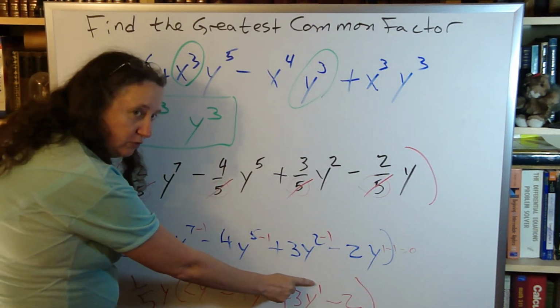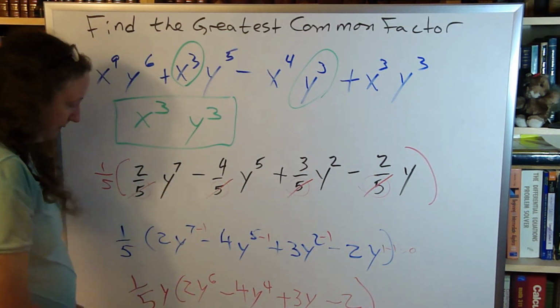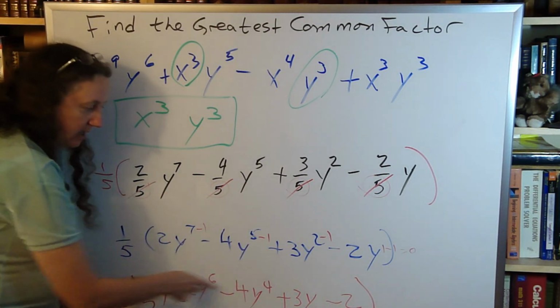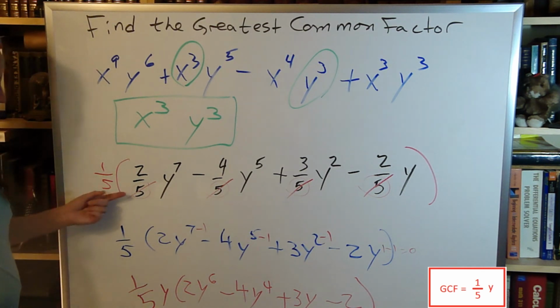And typically we do not write the exponent 1 there, so I don't need to include that. So this in red at the bottom, that is my greatest common factor for this problem.